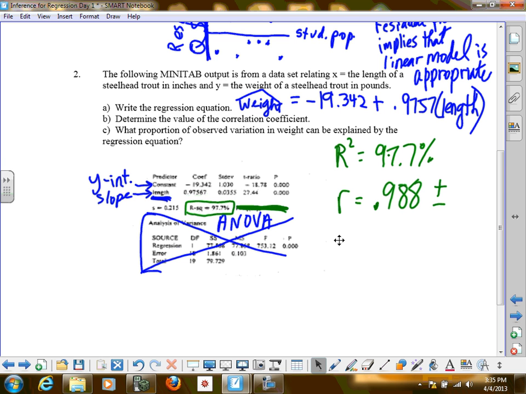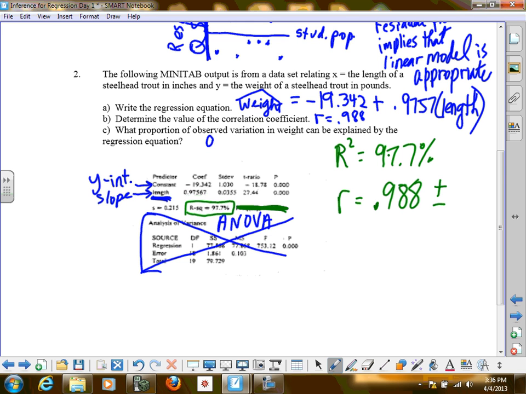Good. And our last question here. What proportion of observed variation in weight can be explained by the regression equation? That's a big bunch of vocabulary right there, so let's say it again. What proportion of the variation in weight can be explained by the regression equation?